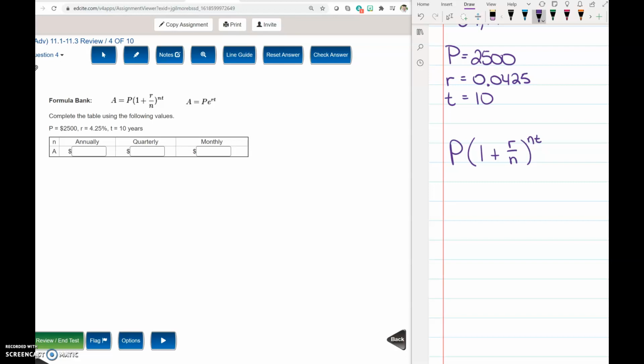So in that first part of the table, I'll call that A, our n is going to be 1. It's compounded annually. So we have 2,500, 1 plus 0.0425 divided by 1, raised to the 1 times 10. Plug that into your calculator.